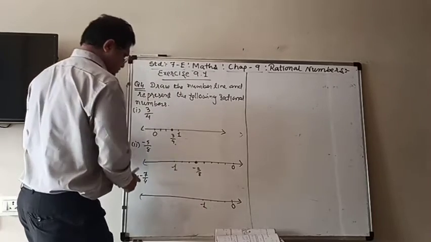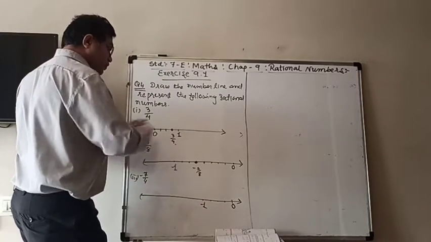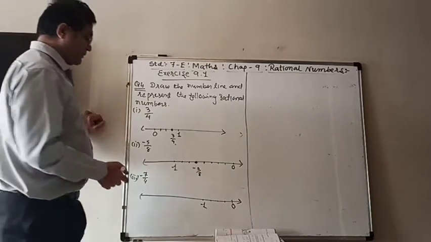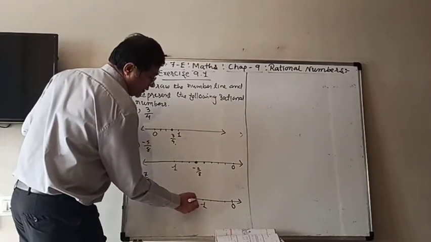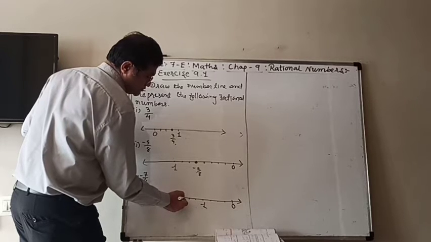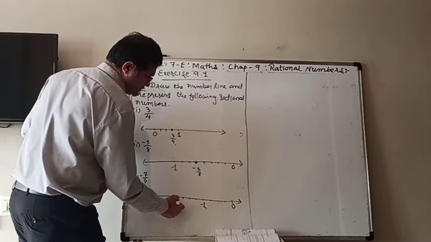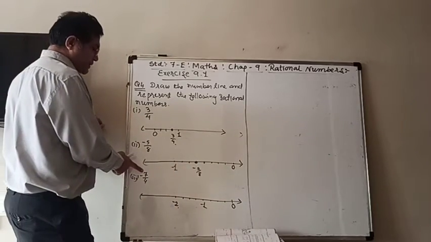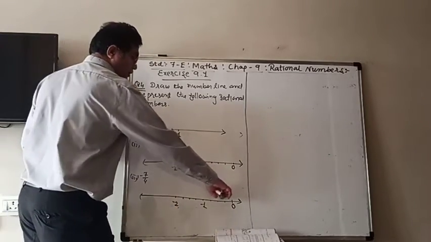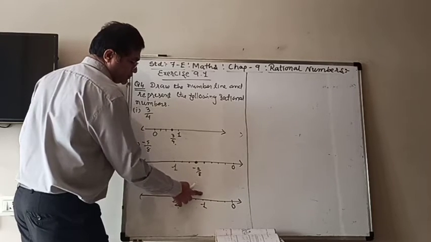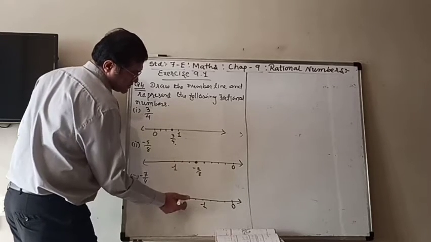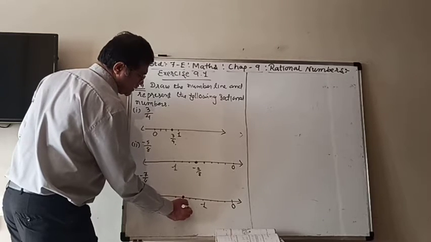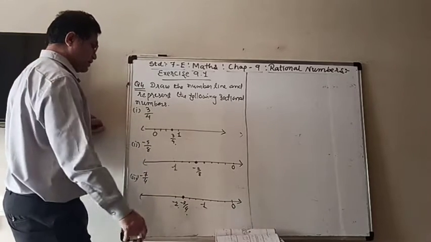But now you can see that the numerator is bigger, so we have to go between minus 1 and minus 2 also and make 4 equal parts. So again 1, 2, 3 and the 4th part is minus 2. So now we have to take 7 parts. So here 1, 2, 3 and 4. Then 5, 6 and 7. So that part is representing minus 7 upon 4.